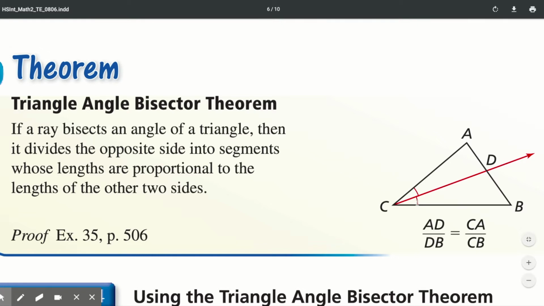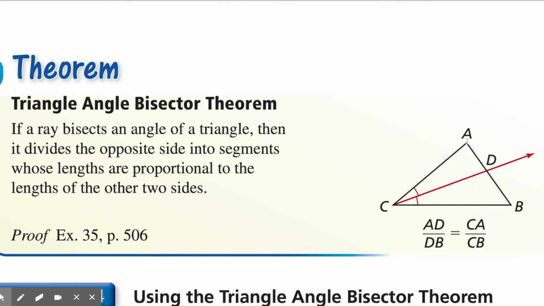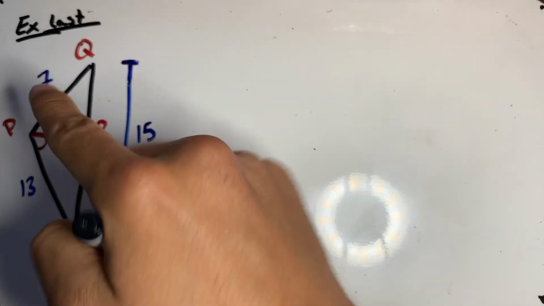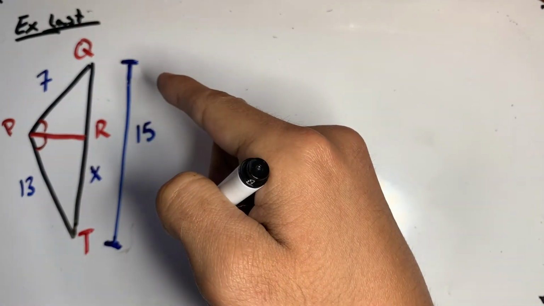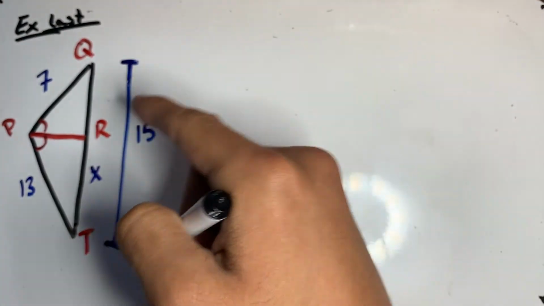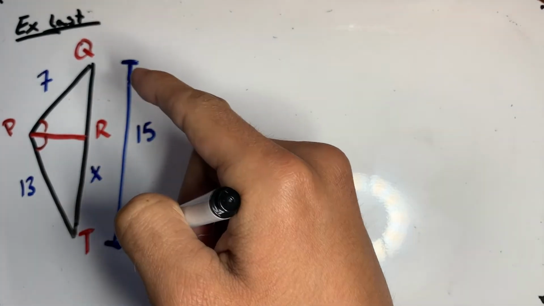If that were to happen, then this ratio, AD over DB, is equal to CA over CB.